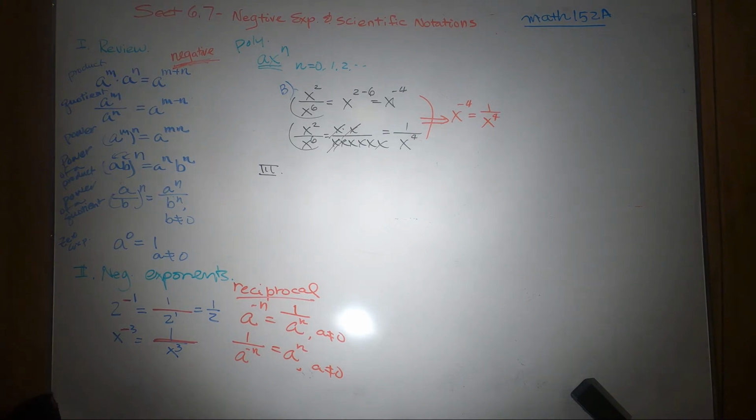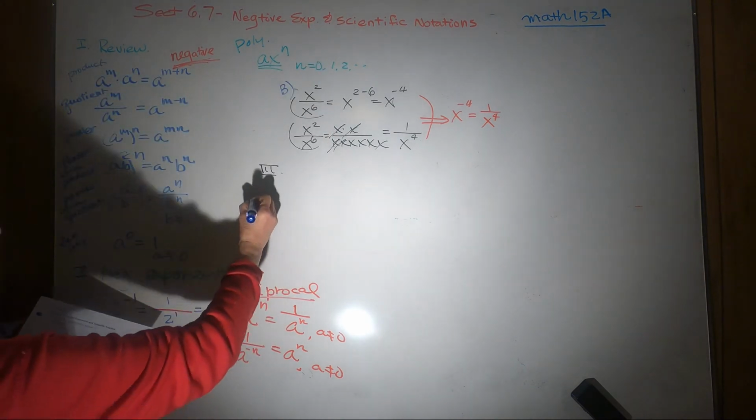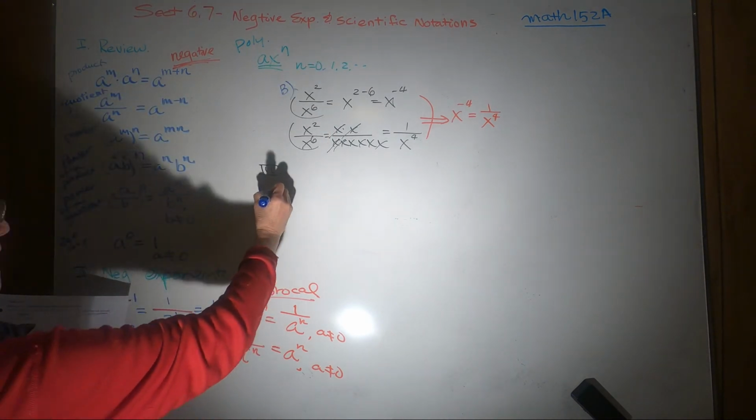So we want to write it in positive exponents to let us see in general, okay? Except the scientific notation, for a reason. So how do we simplify?